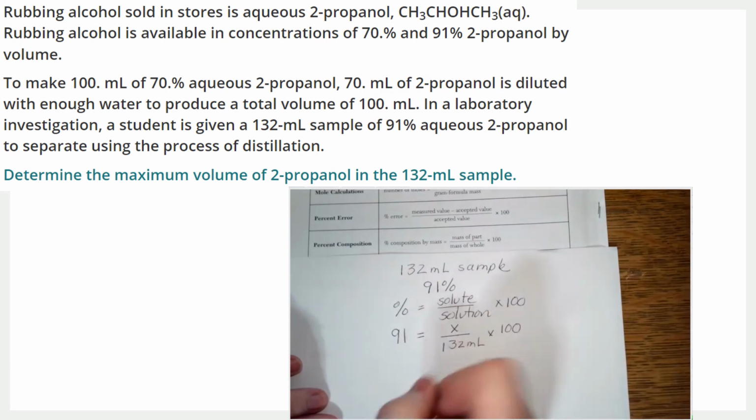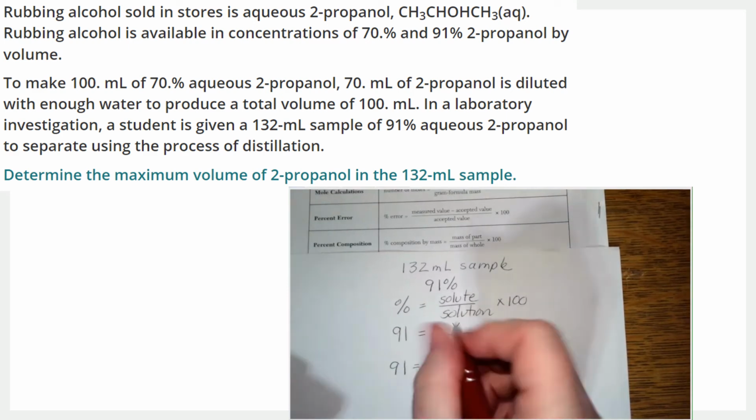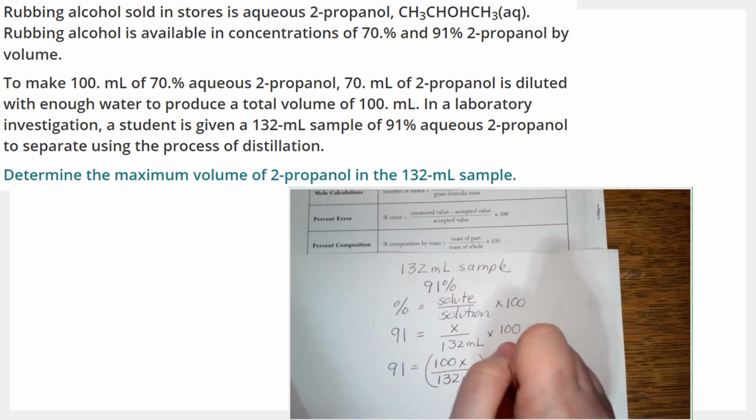Let's simplify this side. So 91 equals 100x over 132 milliliters. Now what? I need to solve for x, right? So what I could do here is multiply by 132 milliliters over 100.